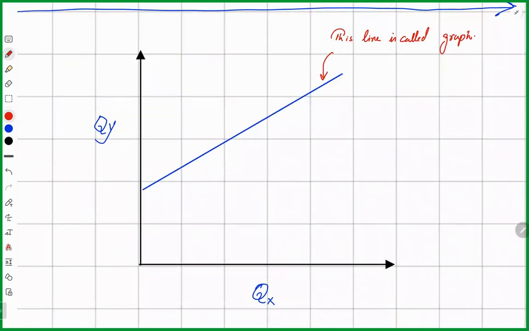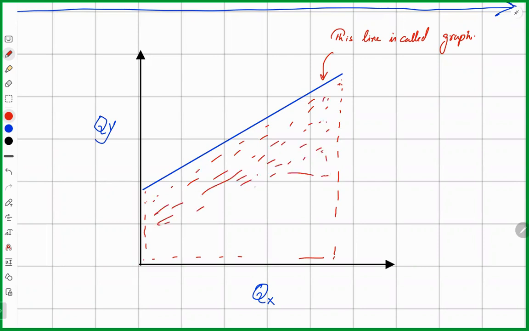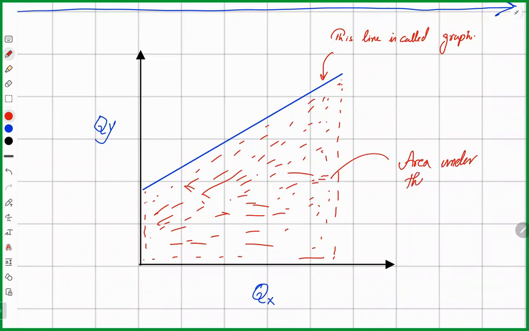Look, there is an area trapped between the graph and the x-axis. So this is area under the graph.